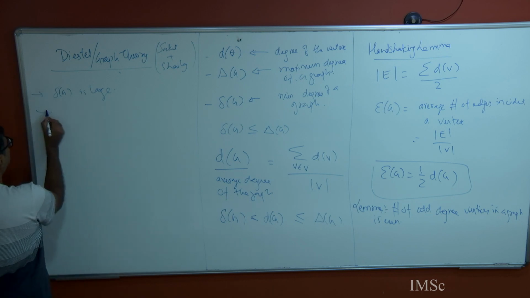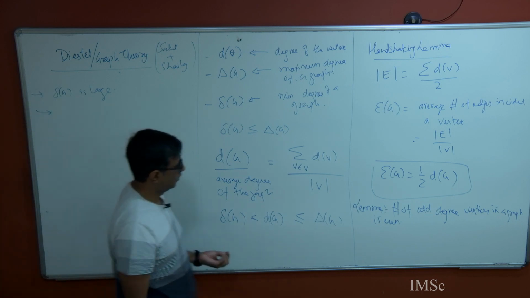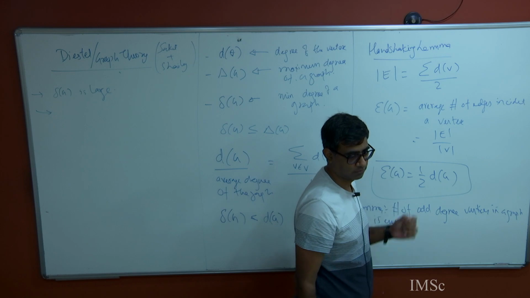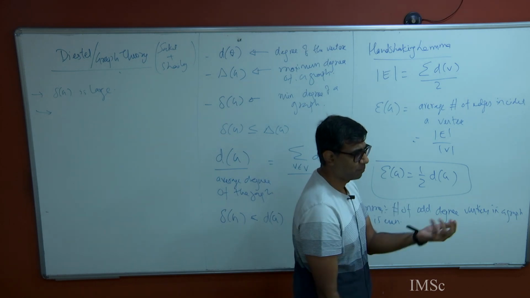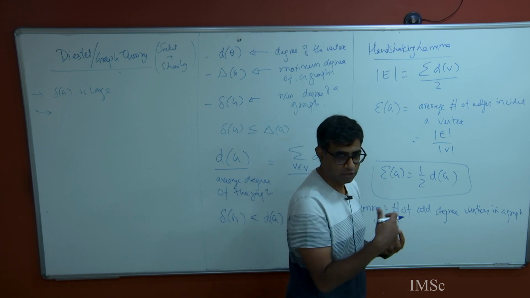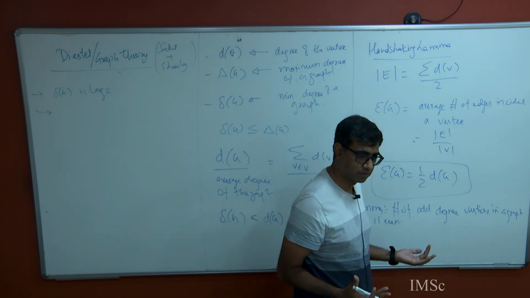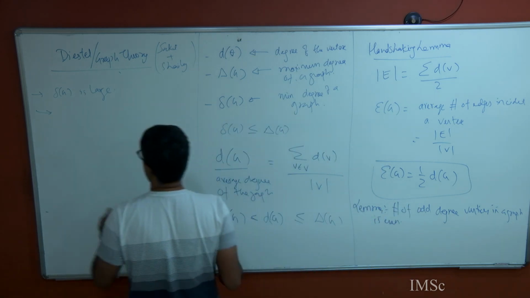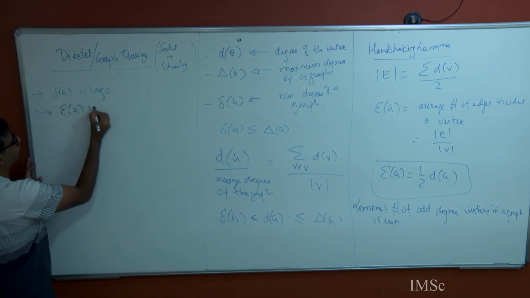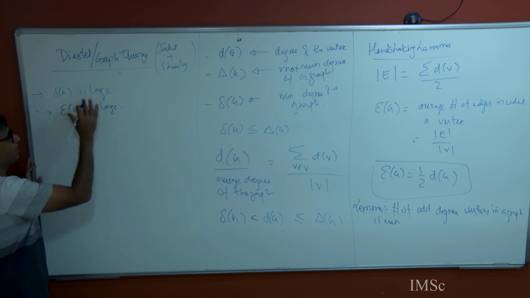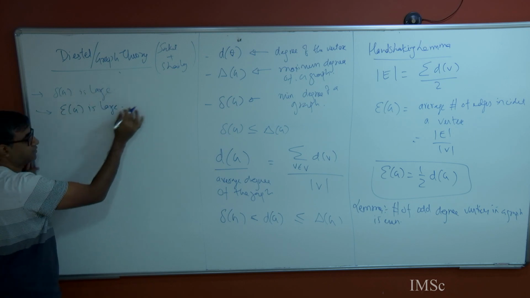What can you say about epsilon G? That implies that the number of edges incident per vertex is also large, right? So if delta G is large, it would imply that epsilon G is large.